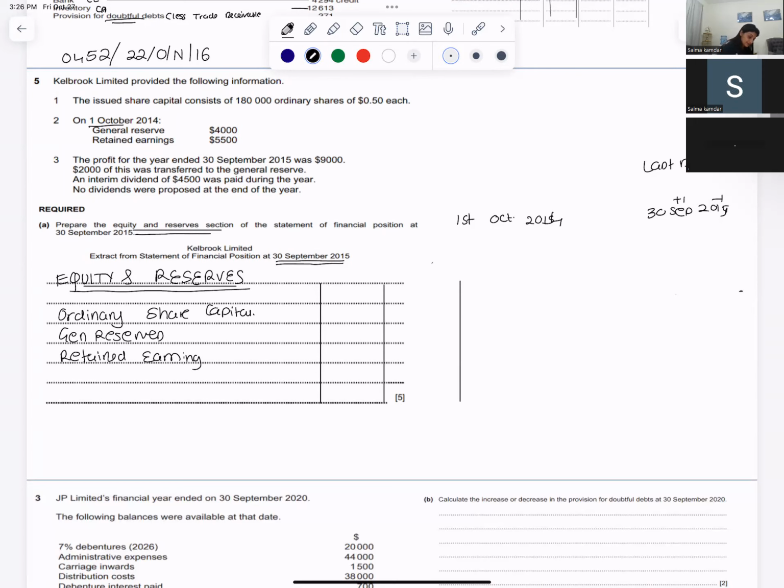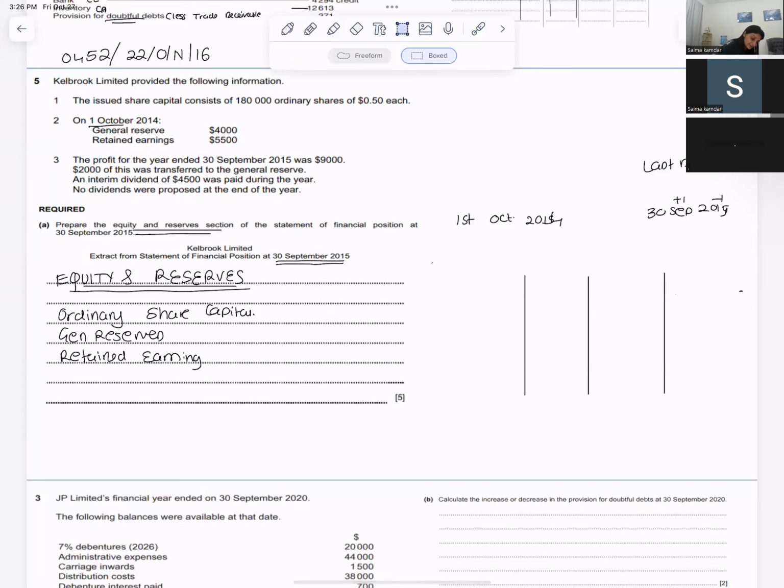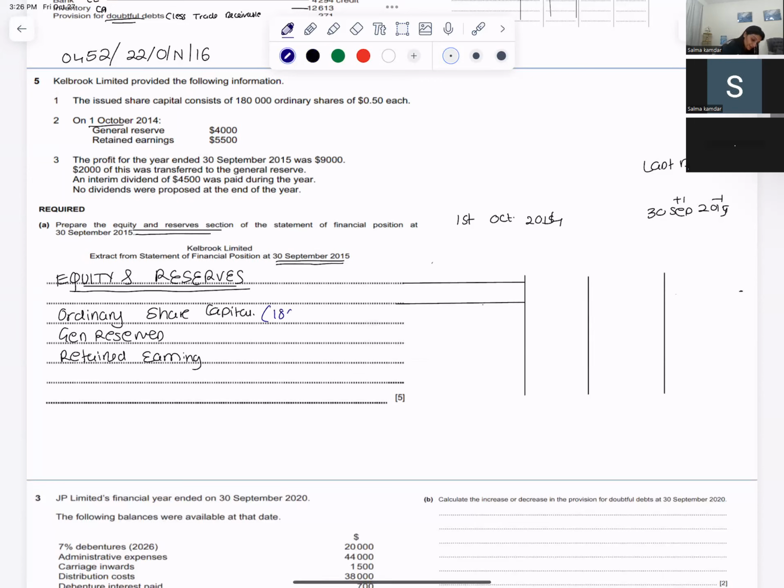So the ordinary share capital is 180,000 shares into 0.50, which is 90,000. I don't know whether this is the final answer or no, so I'm just keeping it over here.